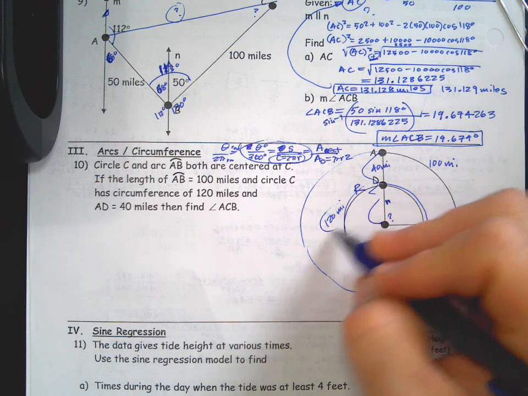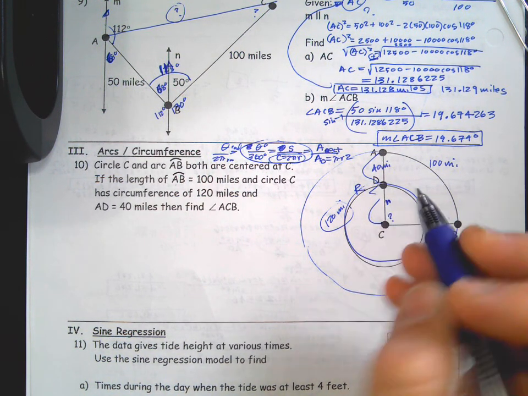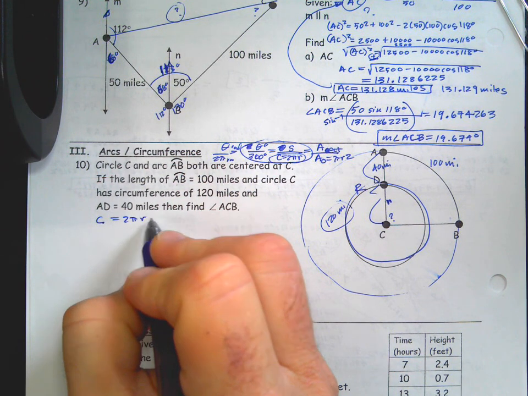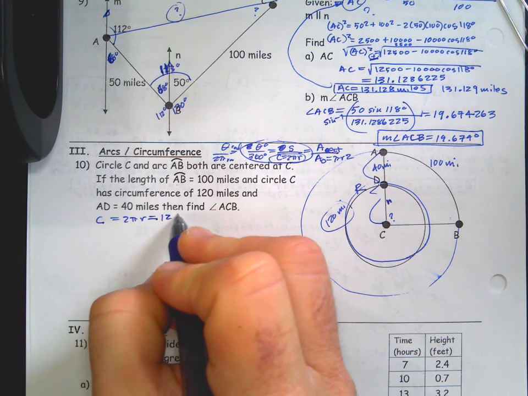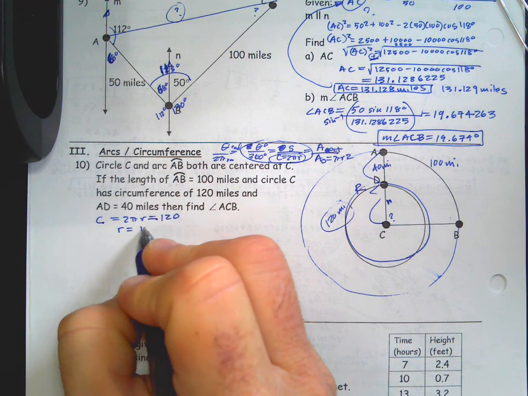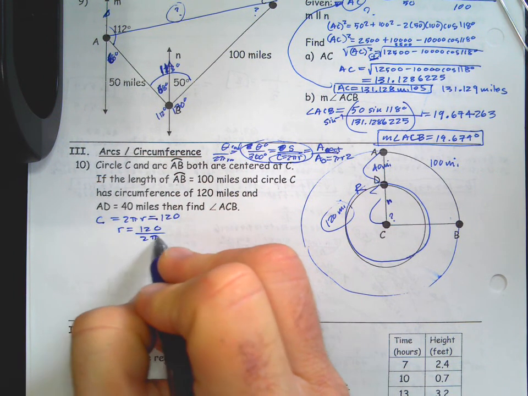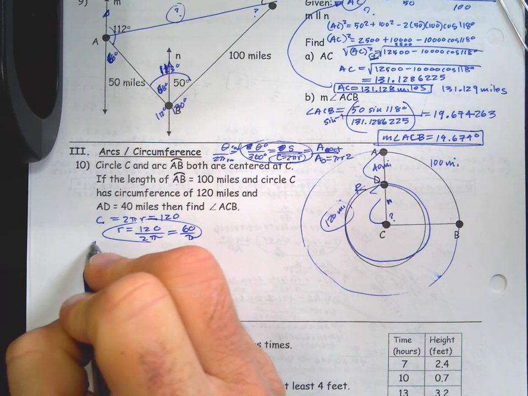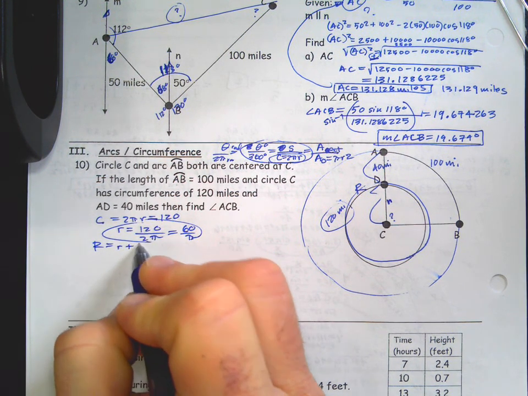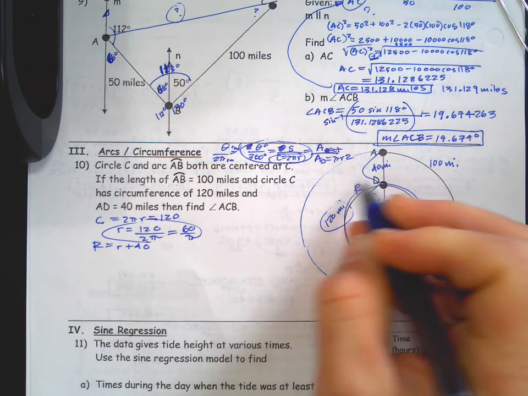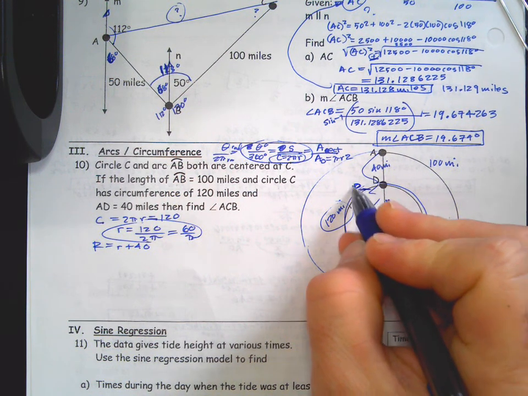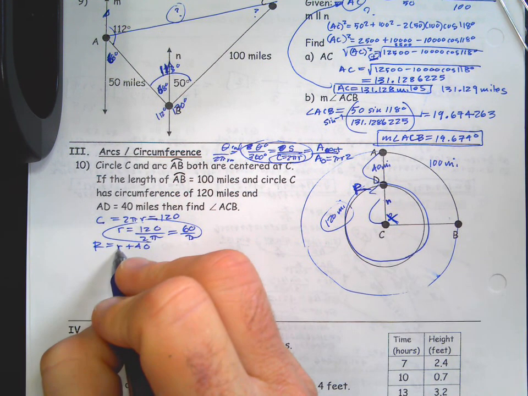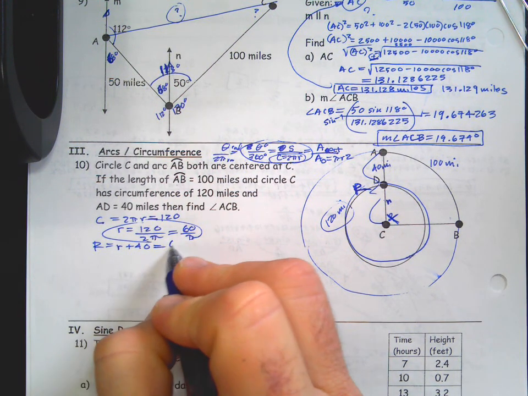Now we have the circumference of a little circle, which will help us find little r. So circumference equals 2 pi r equals 120. Then little r equals 120 over 2 pi equals 60 over pi. So that's little r. So it means big R, which is little r plus 40. I think it's really good to label all this stuff. Label stuff on your picture with variable names. I'm going to call this X. Show your work here. Show your thought process.